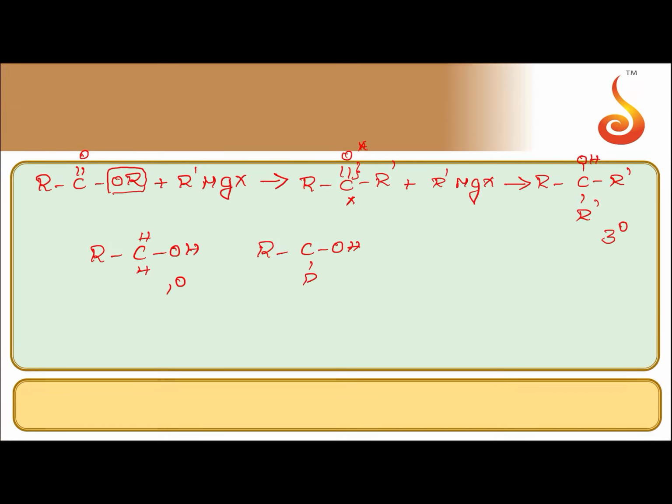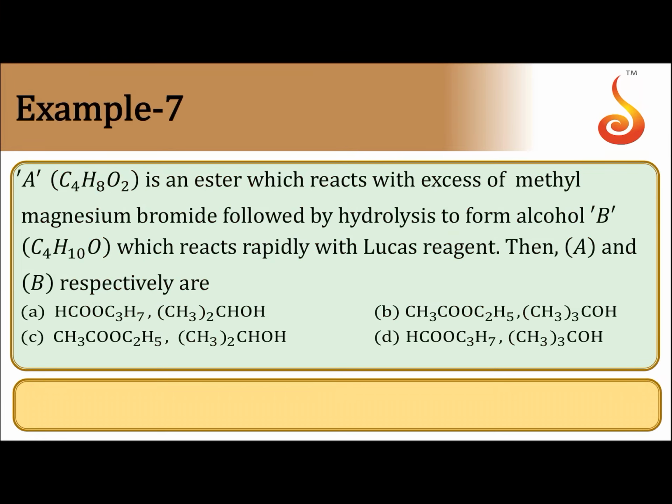If the carbon to which the OH is attached is having only 1 hydrogen, then it is secondary alcohol. If the carbon to which the OH group is attached is not having any hydrogens, then it is tertiary alcohol. So again I am repeating, if it is having 2 hydrogens, it is primary. If only 1 hydrogen, secondary. If no hydrogens, tertiary.